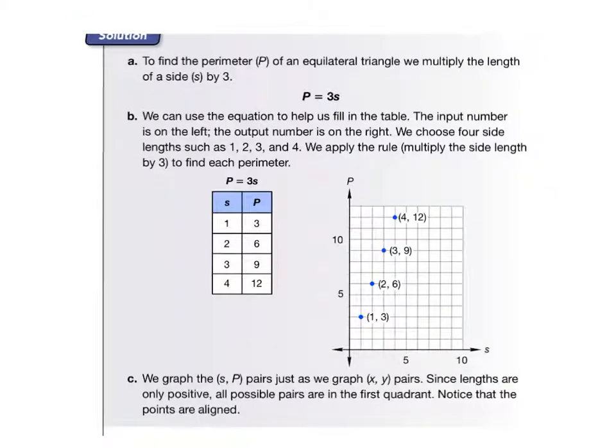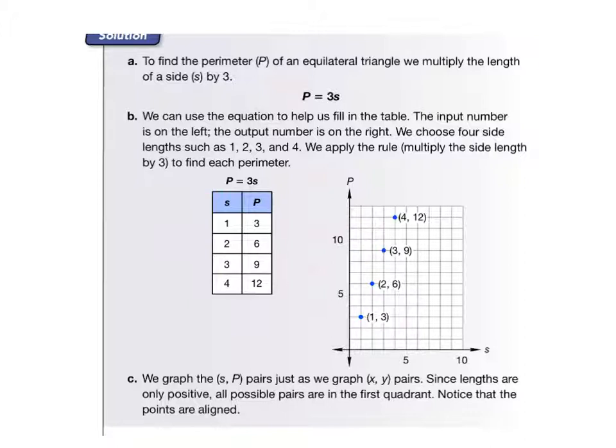So let's go. All right, it says to find the perimeter of an equilateral triangle, we will multiply the length of a side, S, by 3. So the perimeter equals 3 times the side, 3S. So this is our function, so that's the answer to A. Then it says we're going to input some numbers and make up some numbers.